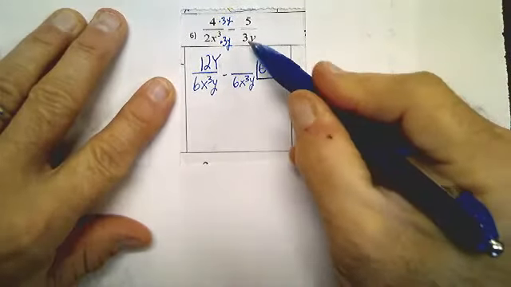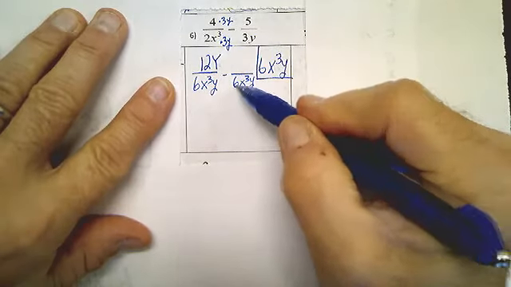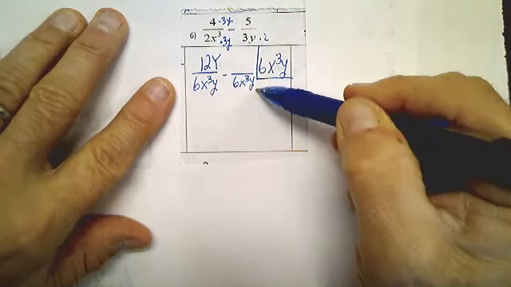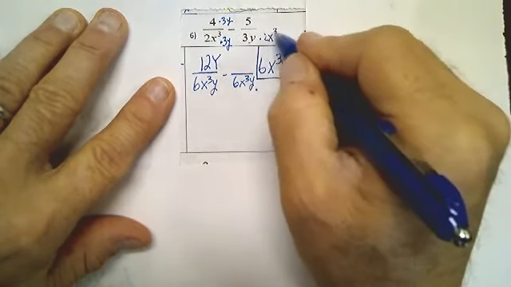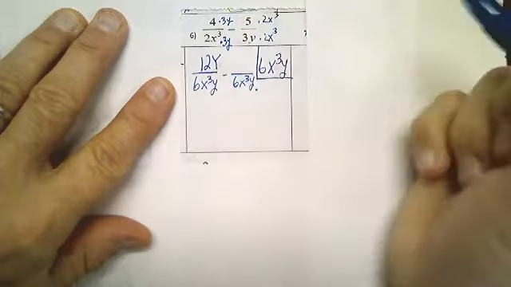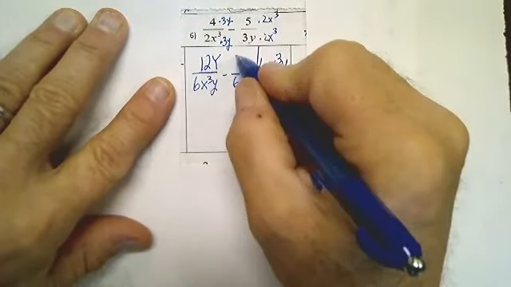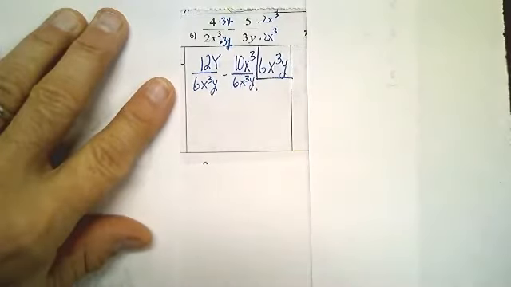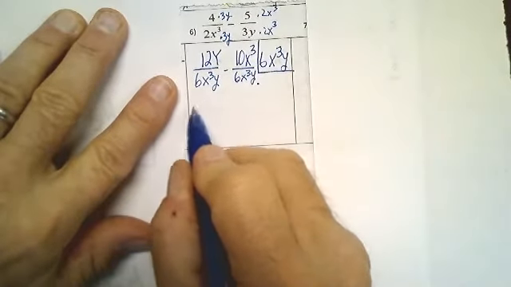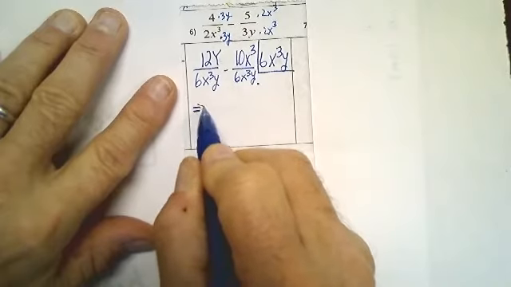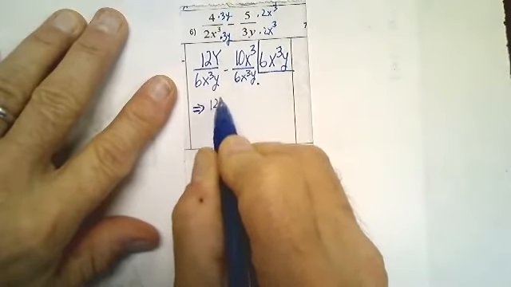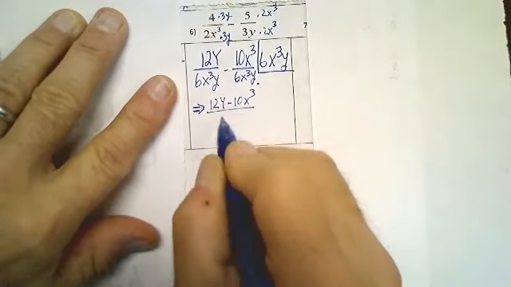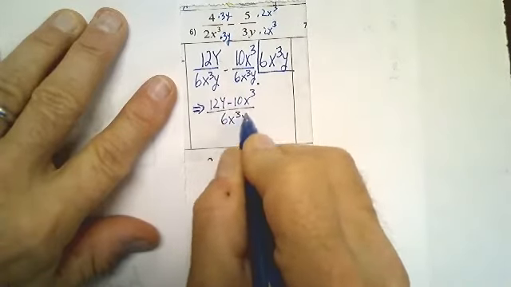Now I come over here to this side, 3y. 3 times 2 is 6, so I multiply by 2. We got the y. We don't have x cubed. So that's 2x cubed. 5 times 2 is 10. X cubed. Now we can squish it all together. 12y minus 10x cubed all over 6x cubed y.